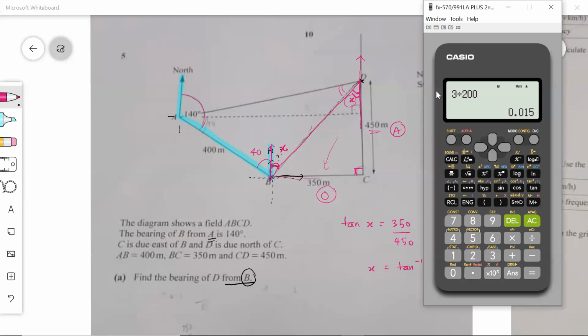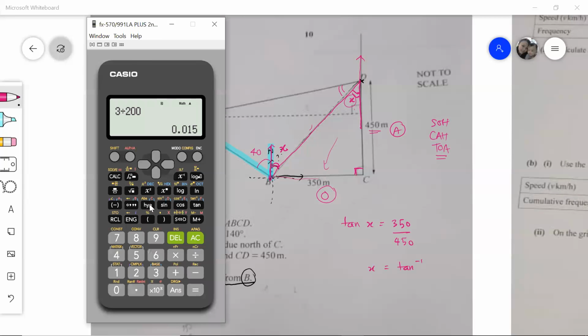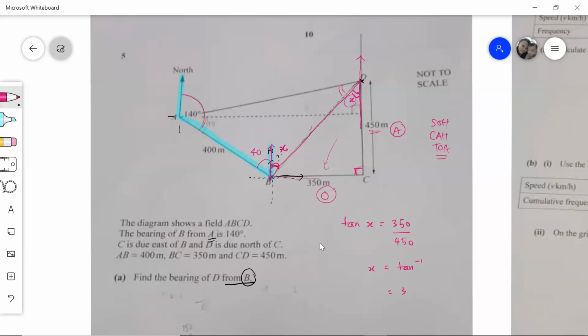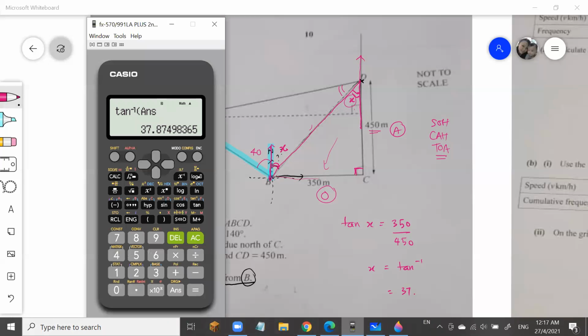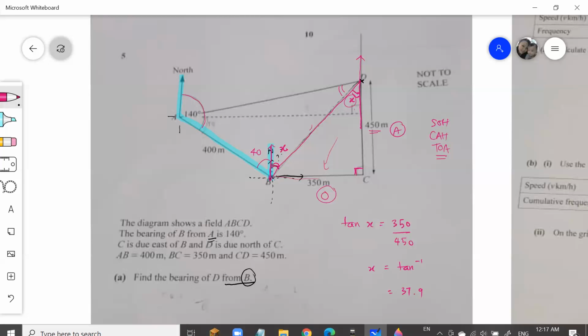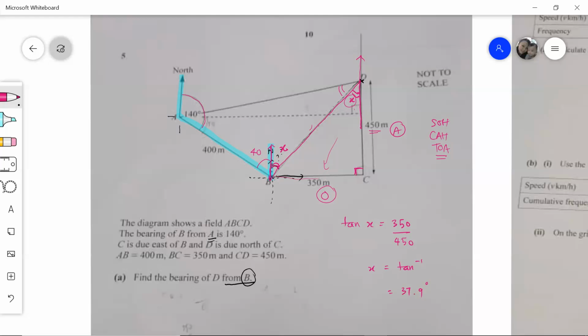So 350 divided by 450, and then shift tangent of our answer gives 37.9 degrees. One decimal place will do. Therefore the bearing of D from B will be 37.9 degrees. That's all.